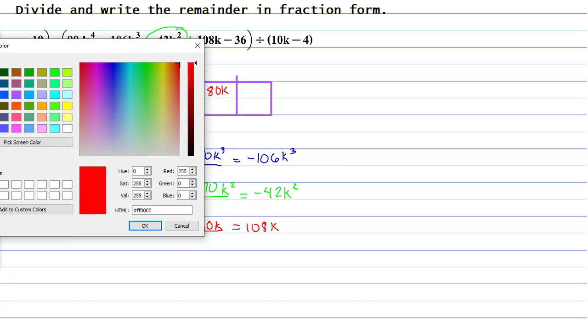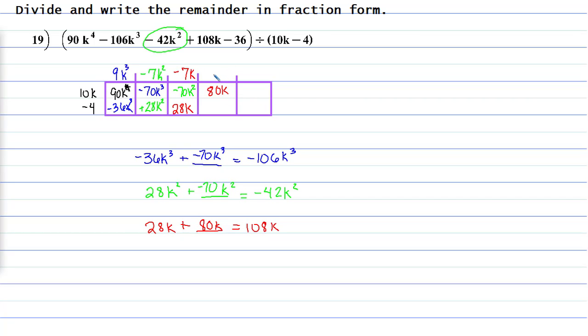And then I divide to go up, and I get 8. Multiply to come down, I get negative 32. Negative 32 plus something is equal to negative 36. Well, that something is a negative 4. And since I no longer have any variables in the previous column, that means I'm in my remainder.